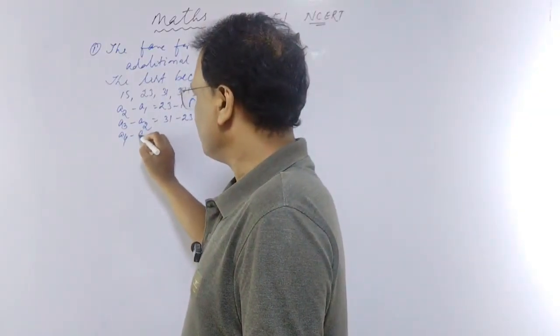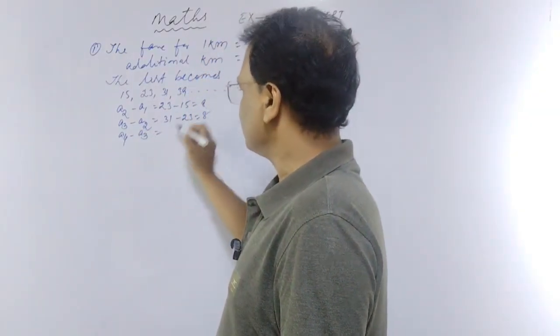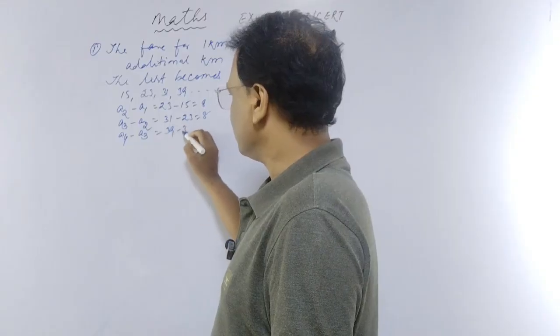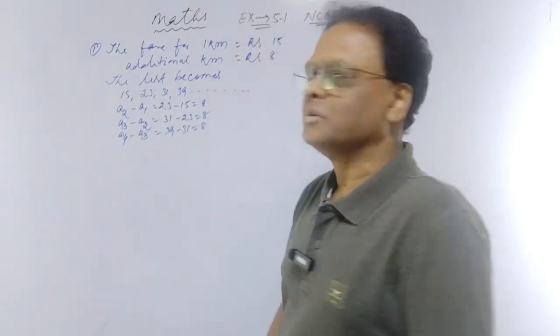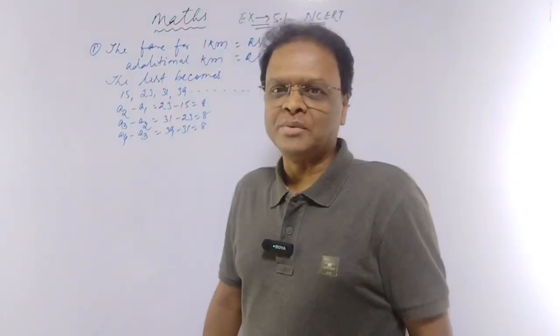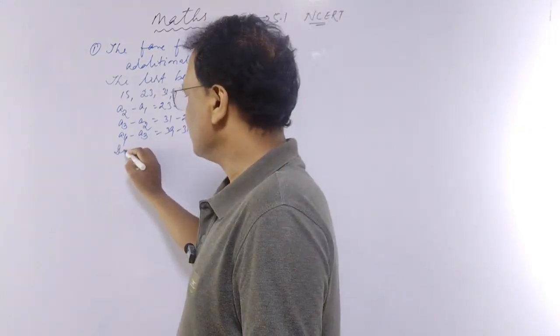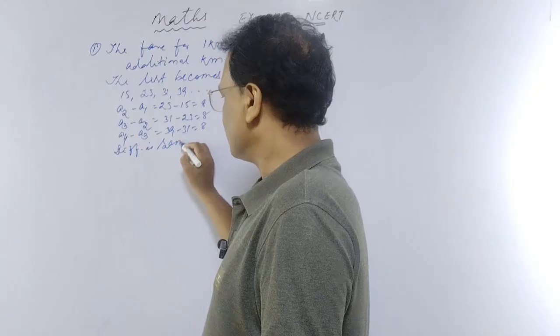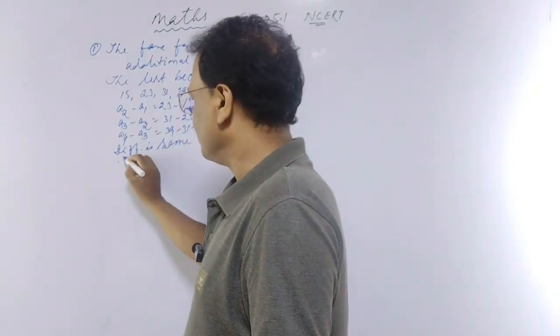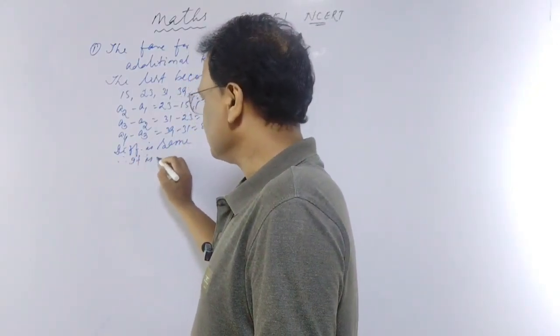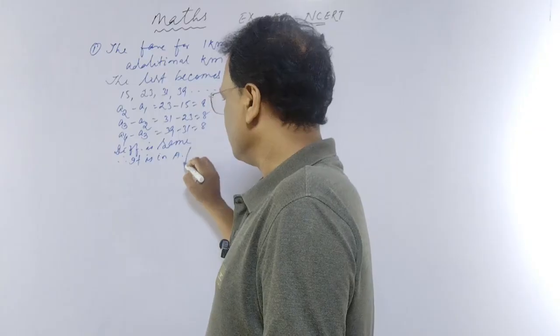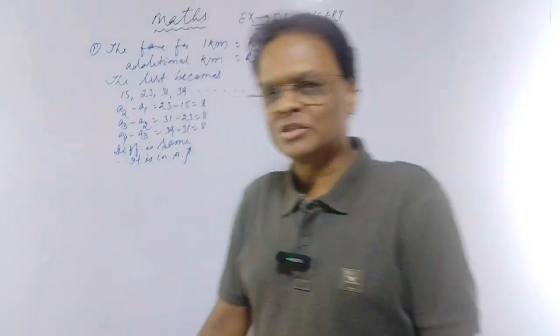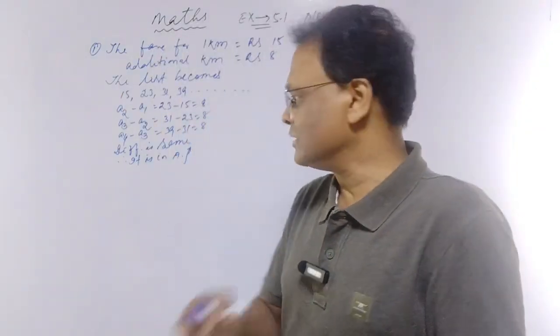A4 minus A3: A4 is 39 minus 31, which gives again 8 rupees. This is an AP. Why? My difference is equal, the same. Therefore, it is in AP. So the first situation is an AP.